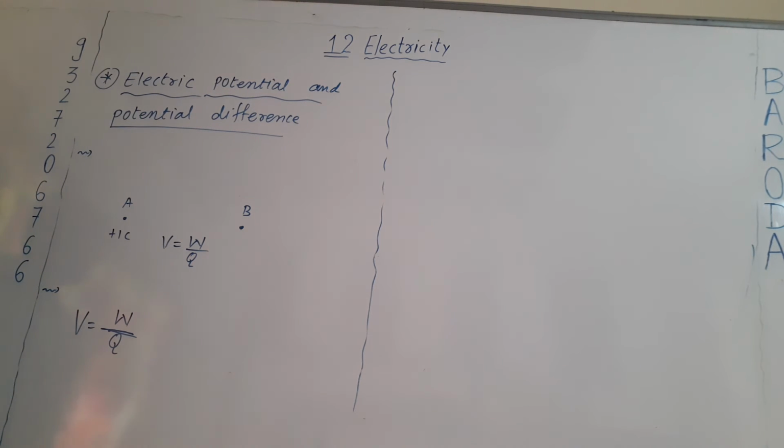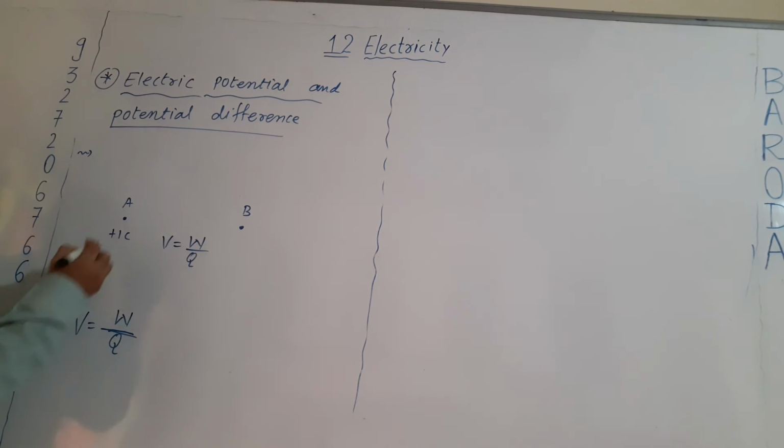So what is the definition of potential difference? Work done per unit positive electric charge to move it from one point to another point is called potential difference between the 2 points.